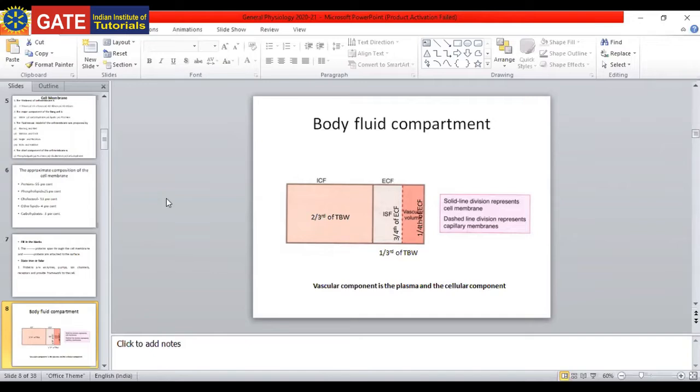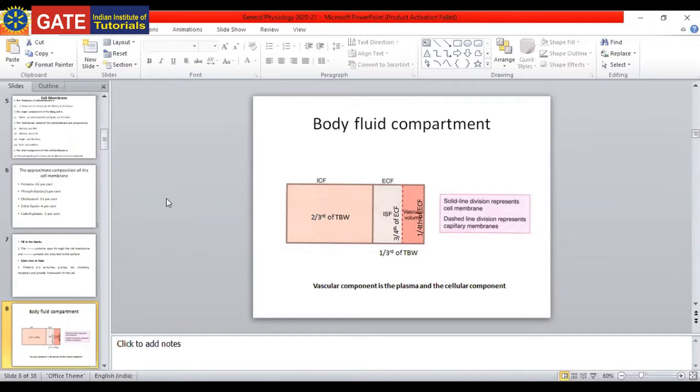ICF. What is the full form of ICF? Intracellular fluid. Yes, very good. That means what is outside the cell, you call it? ECF, extracellular fluid.